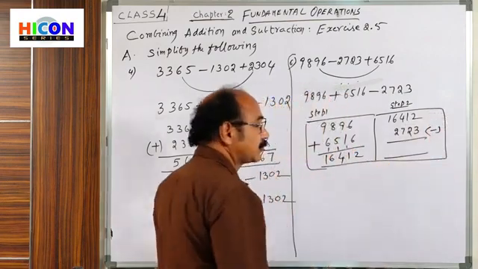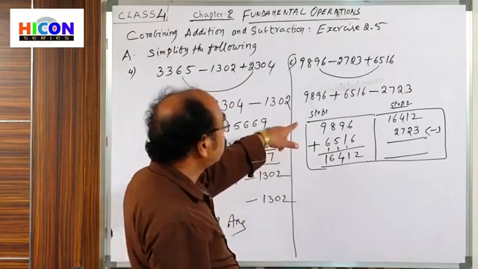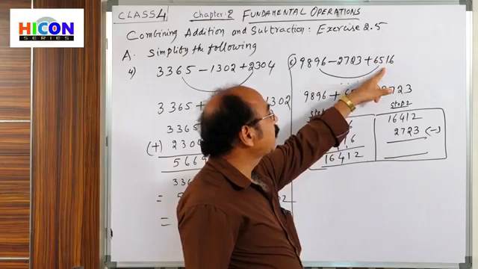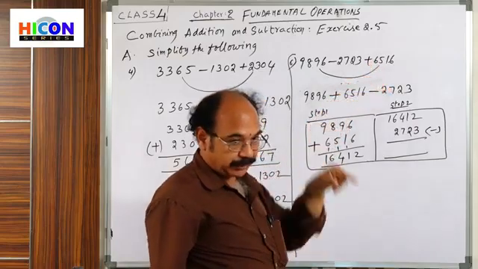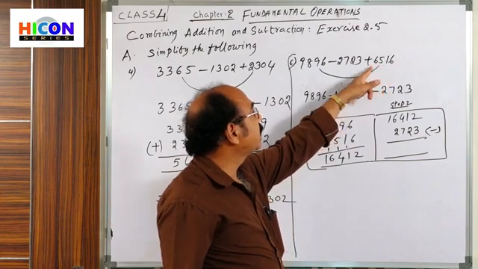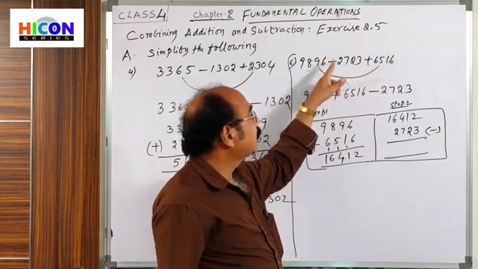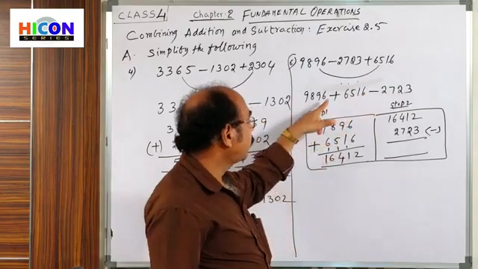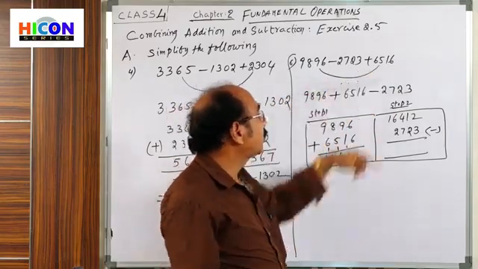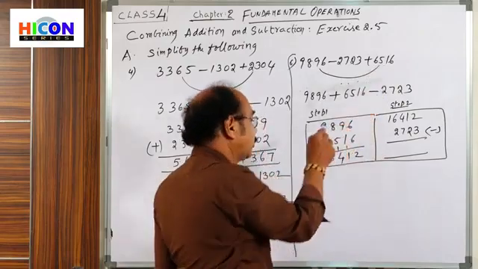In step 1, the first number is added to the number with a plus sign before it. Before this number a plus sign is there. That's why this number and this last number both were added: 9896 and 6516.